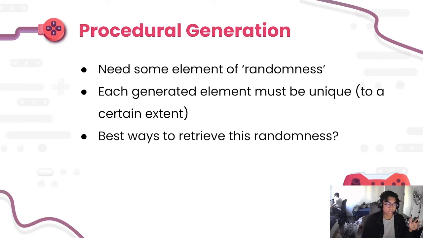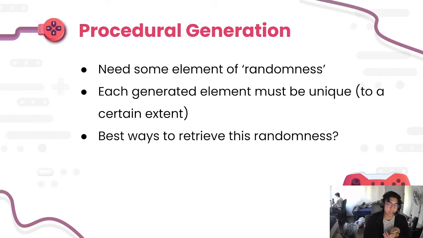If everything was static, there might not be as much replayability. Of course, there are games with branching storylines where there is replayability, but in the case of a bunch of roguelikes, which I'm a fan of, as well as open world sandbox games, you're going to need to somehow randomly generate and create worlds.